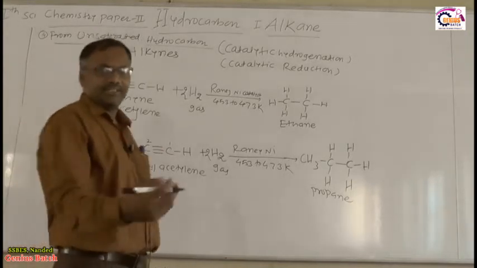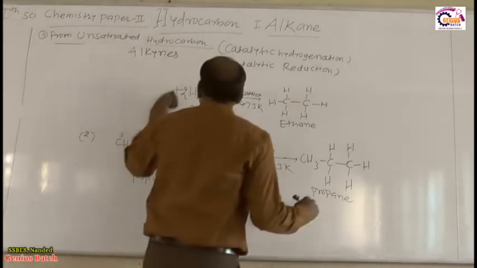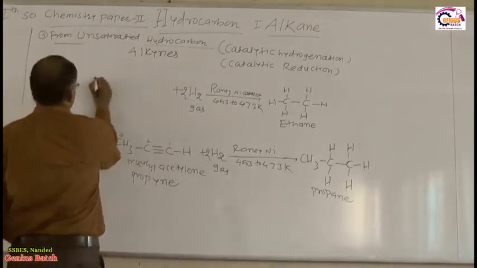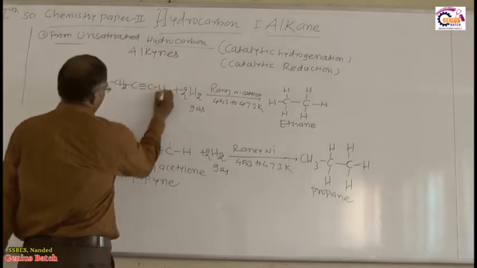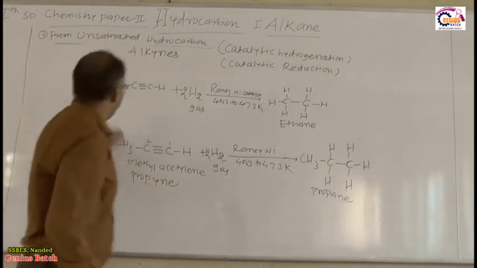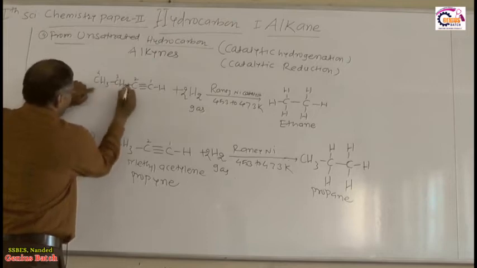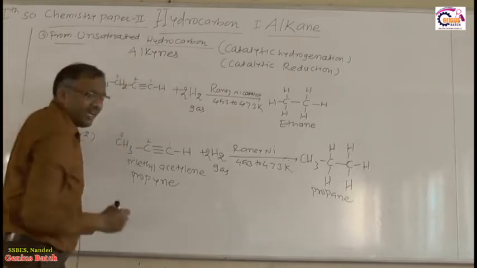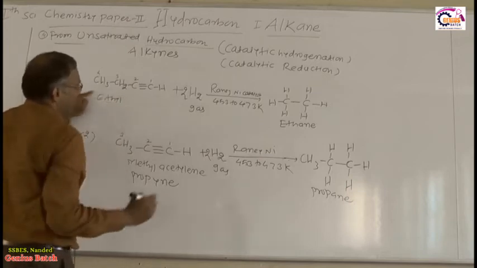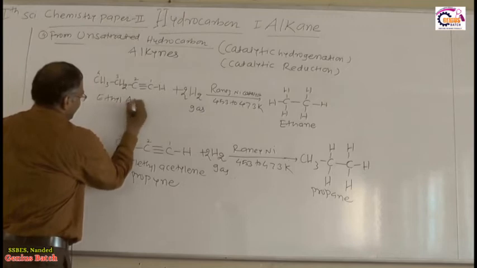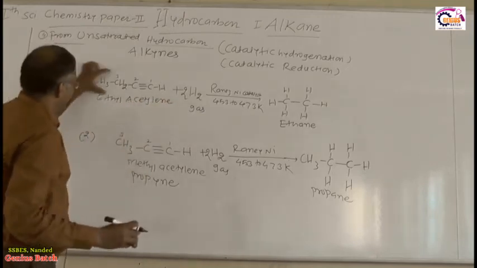Now we will take the third example, that is butyne. What is the example? CH3, CH2, carbon triple bond carbon hydrogen. Suppose this is the example: 1, 2, 3, 4. First of all, what is this alkyl group? This alkyl group is ethyl.